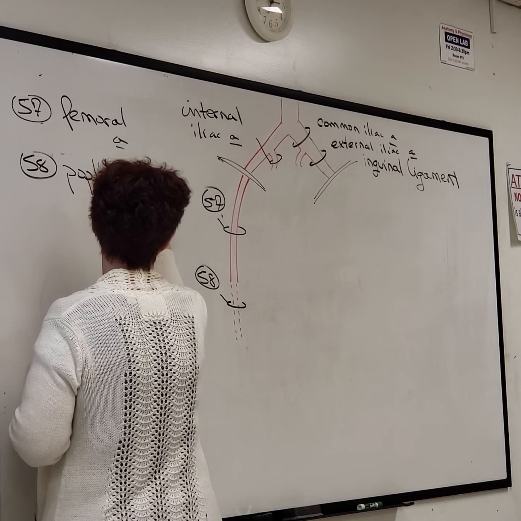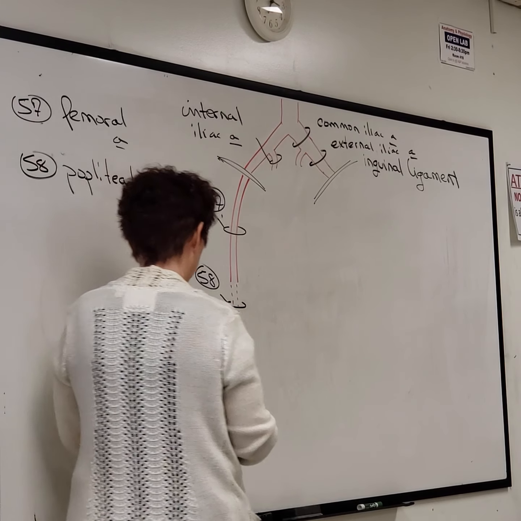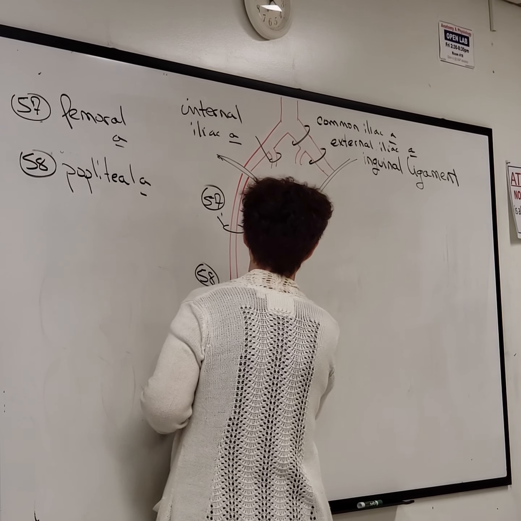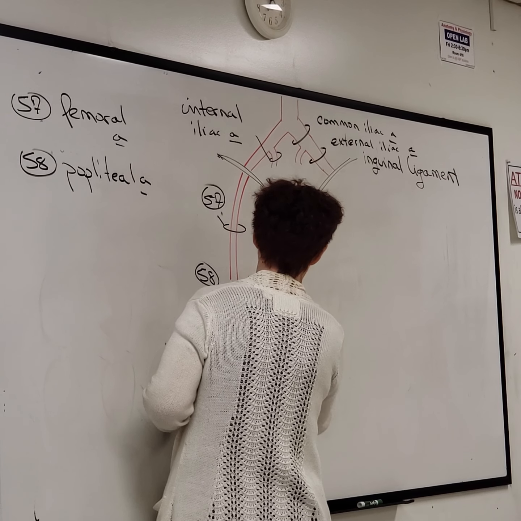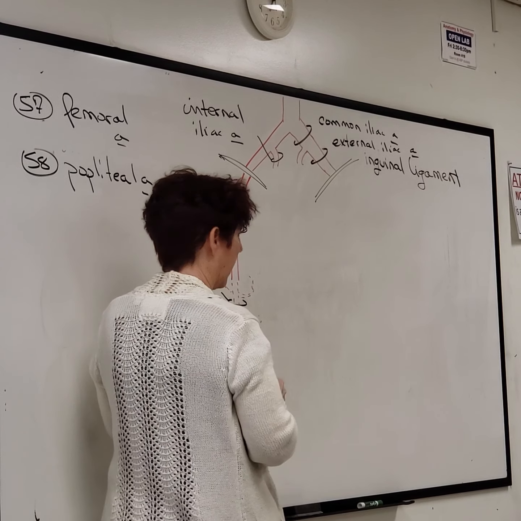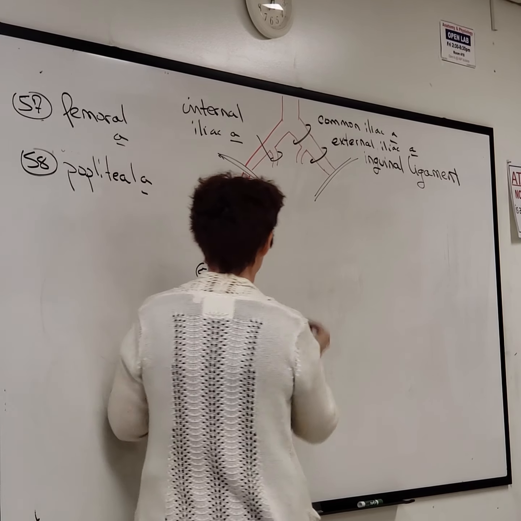And then wrapping around the knee from anterior to posterior, there's usually 4, but there's a variable number. Those will be the genicular arteries.